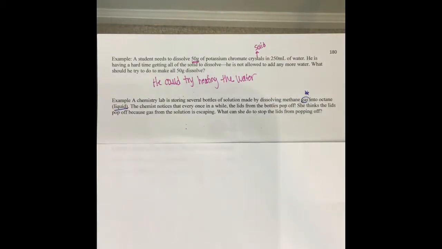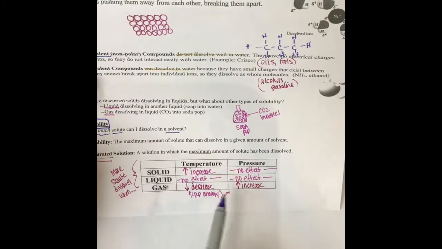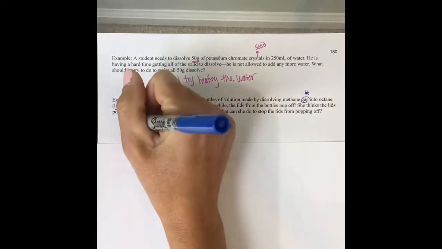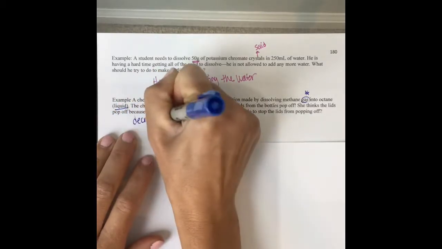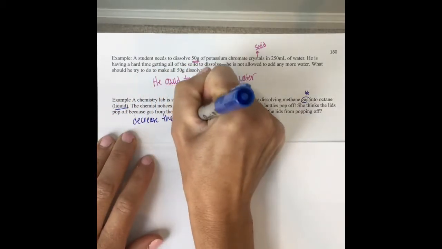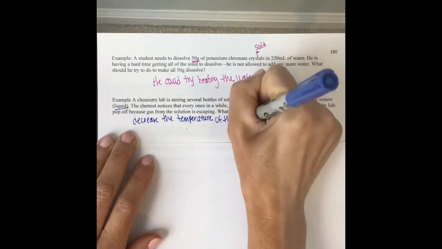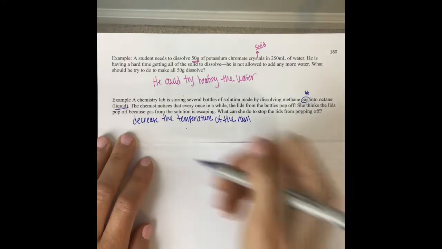Okay, so from our chart, you can see that gases can be affected by both temperature and pressure. So you could have written something about either one of these. You could say that they could decrease the temperature of the room, and that would likely help some of the gas from escaping.